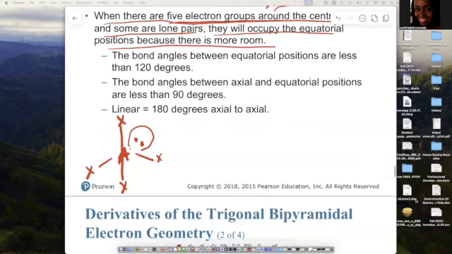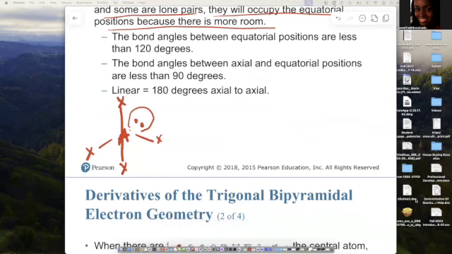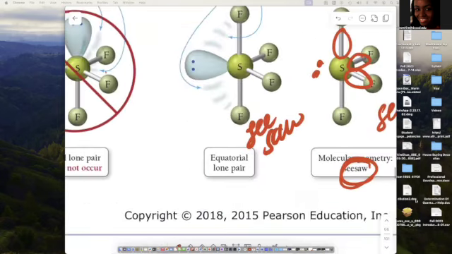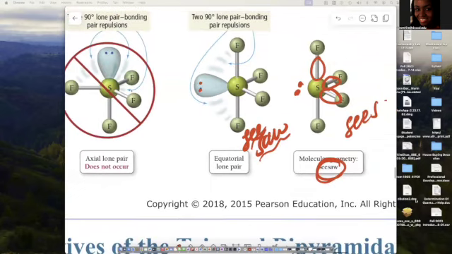Okay? And so, of course, by doing that, your bond angles will be less than 90 and 120. Okay? So we go through the variations here. Once again, it shows you that the lone pairs should be placed in the equatorial region. You see that here. And that's how we're able to get the seesaw configuration, the seesaw shape.